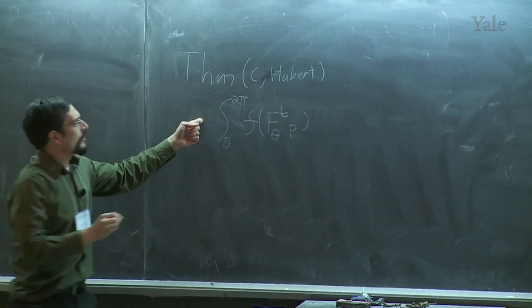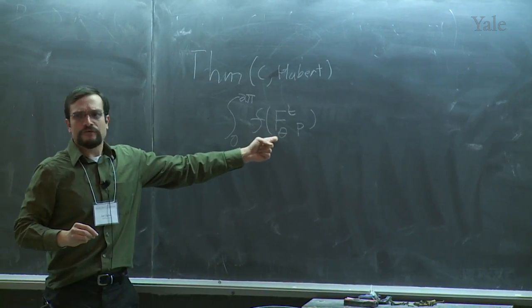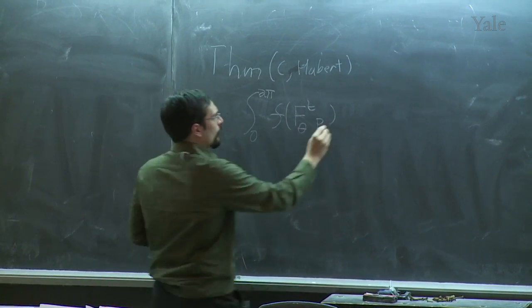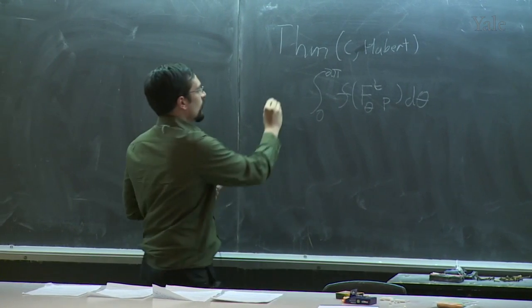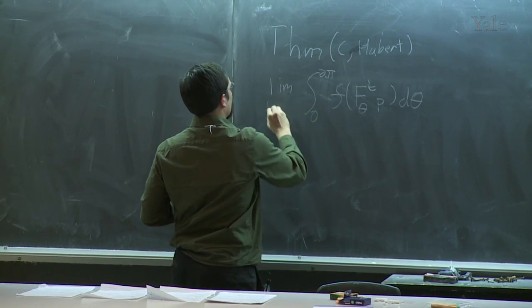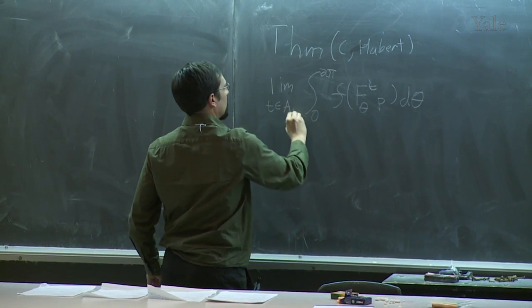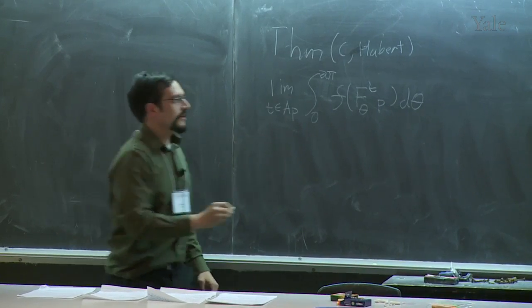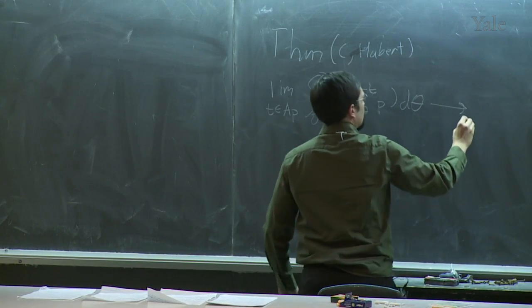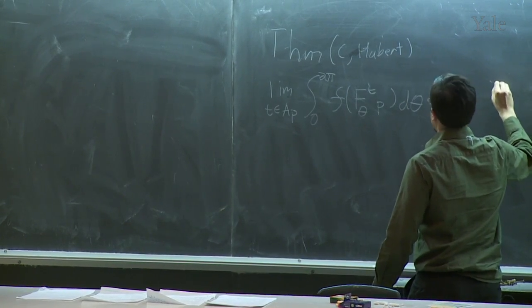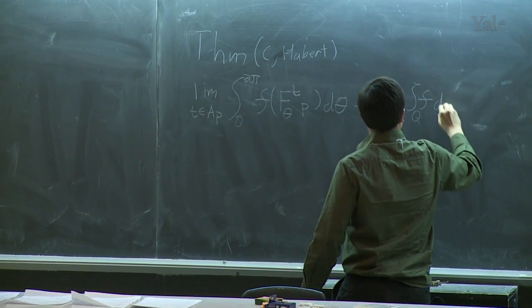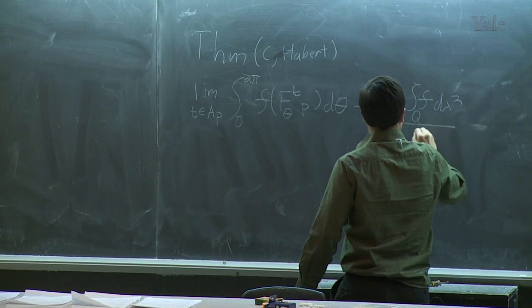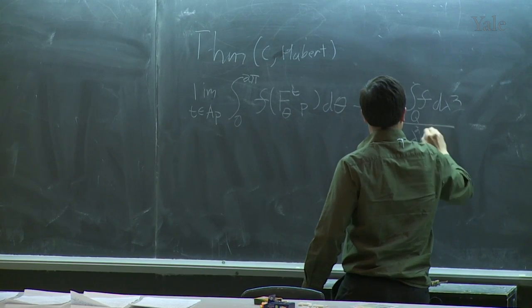So what are we doing? We're flowing in all of the different directions we could, and we're just integrating d theta. We're not integrating dt. And we're taking the limit of t in our special set A_p. And this converges to what it should, which is the integral of the function over the measure of the space.